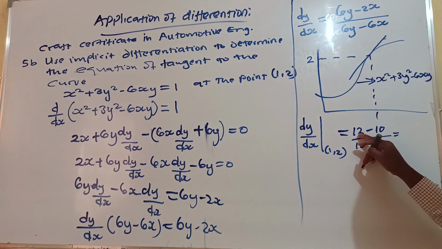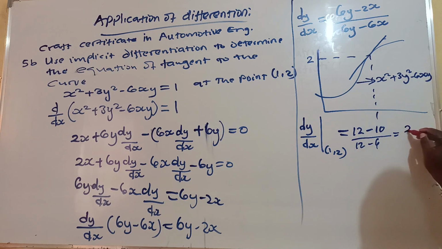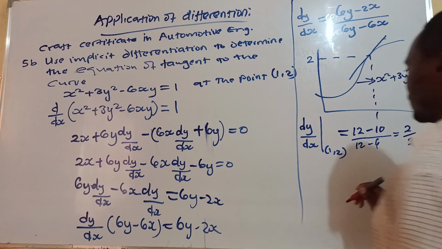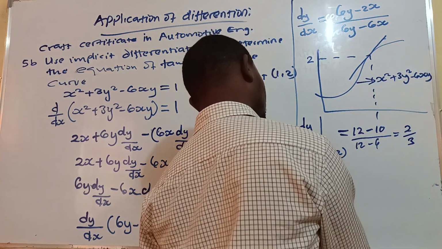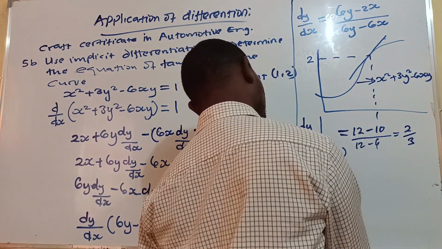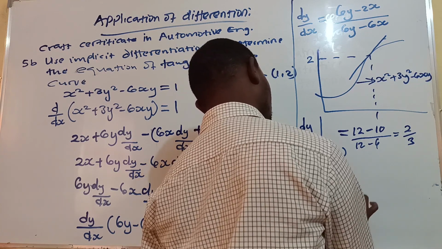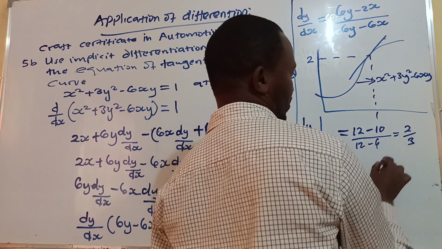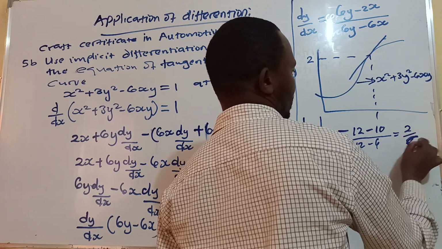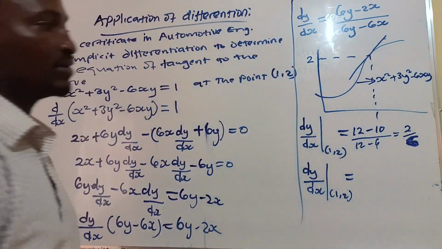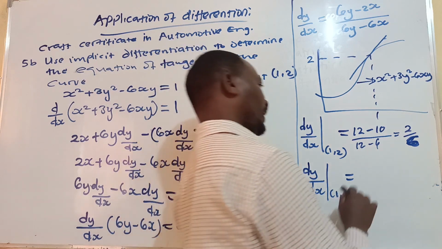So this will be 10 over 6, which is 5 over 3. So dy/dx at the point (1, 2) is equal to 5/3.